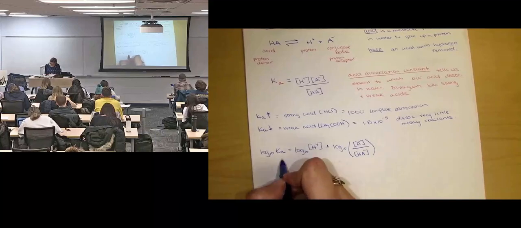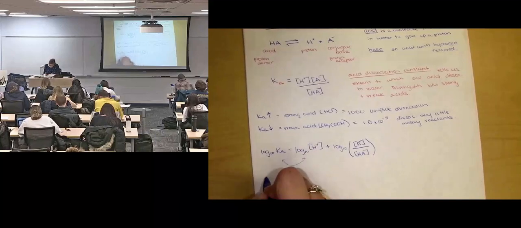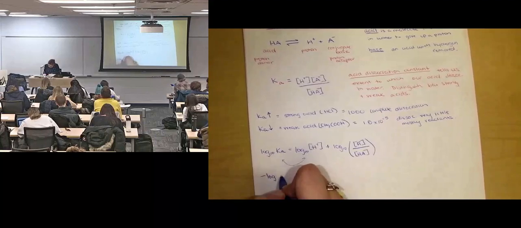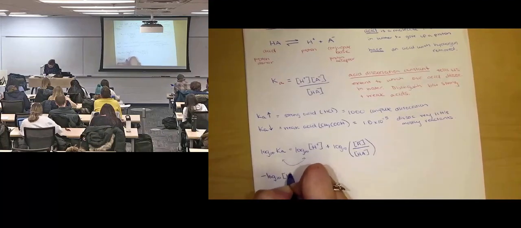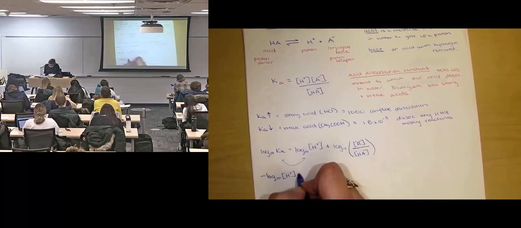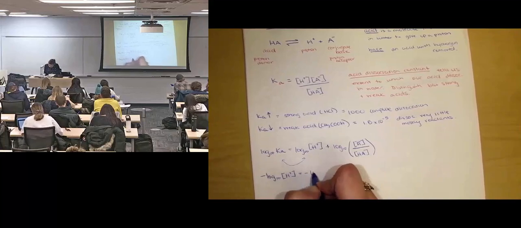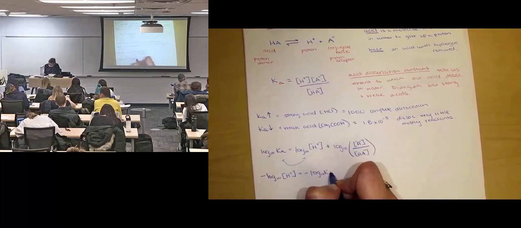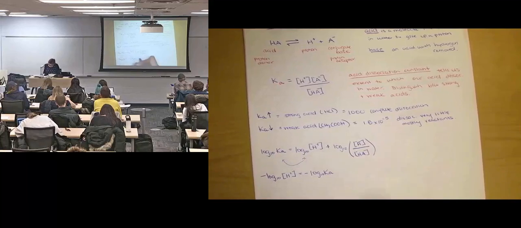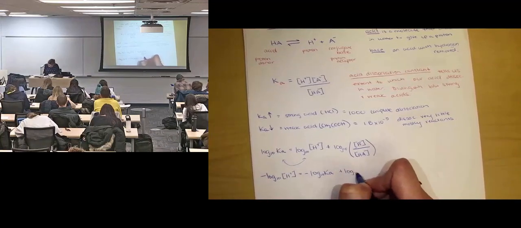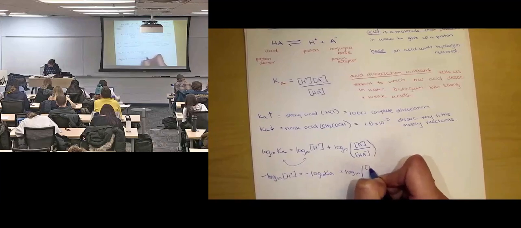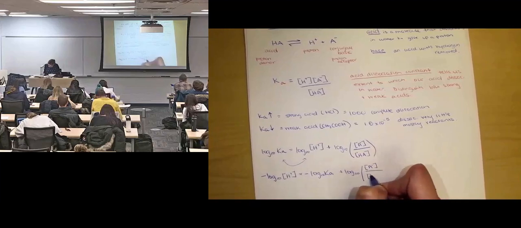And then if I rearrange these, I can write this as negative log base 10 of my proton concentration is equal to negative log base 10 of my acid dissociation constant plus the log base 10 of concentration of the conjugate base over concentration of the acid.